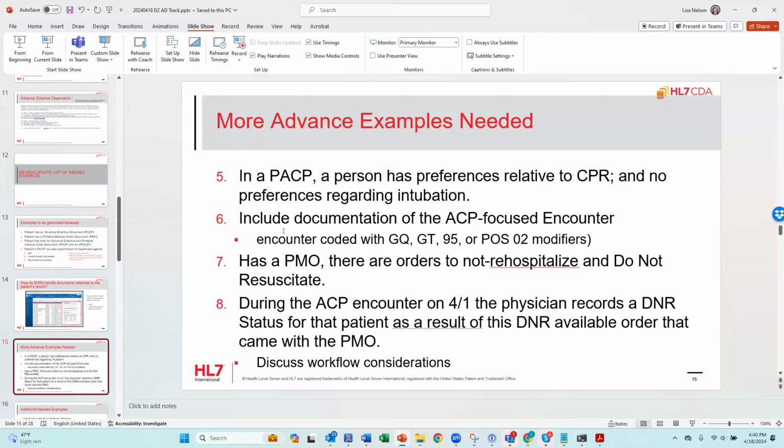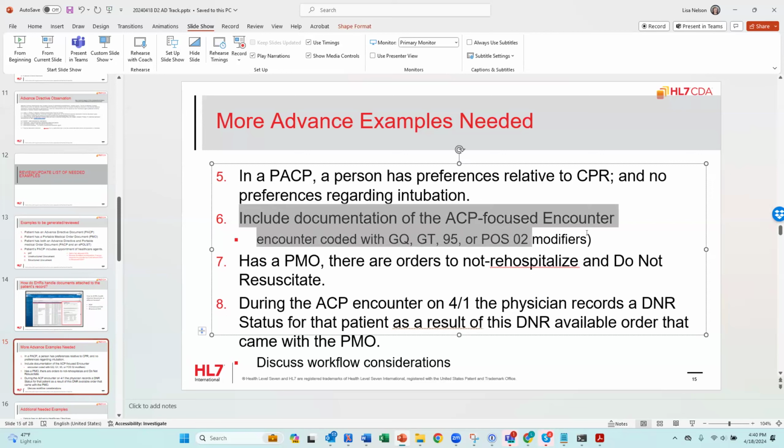And to that end, there are clinical quality measures now, like MIPS measures, that look at whether or not the care provider has had an advance care planning conversation with the patient. These are encounters that are coded with certain service qualifiers so that you can know that kind of conversation happened.